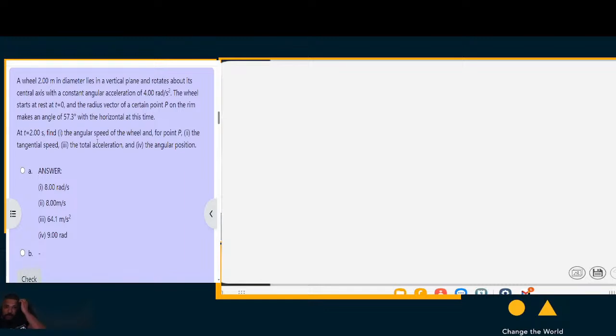Finally, the angular position. Theta final is equal to theta initial plus angular speed times time plus a half times angular acceleration times time squared.